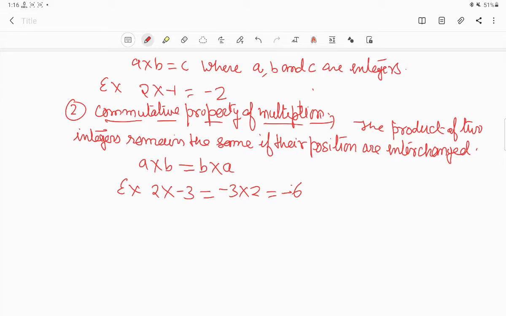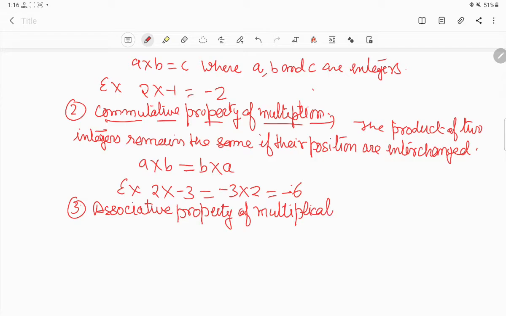Now the third property we will see, the associative property of multiplication.